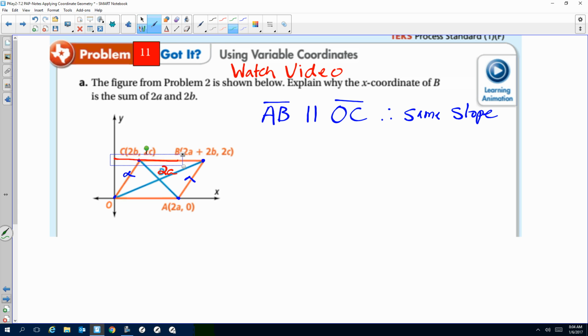So we're going to use our rise over run. So our rise here is 2C. And our run, this blue line, represents 2B. Okay. Which we know is the same as this piece right here, 2B. So if I put them together, the whole distance, 2B, is the sum of 2A plus 2B. Okay?